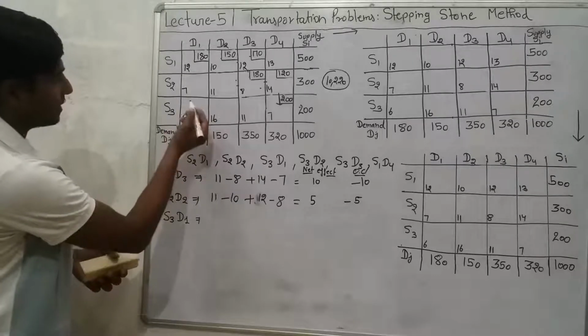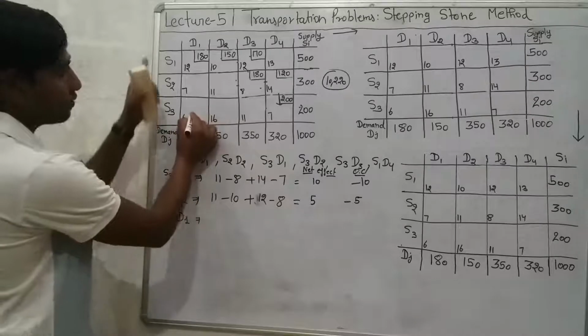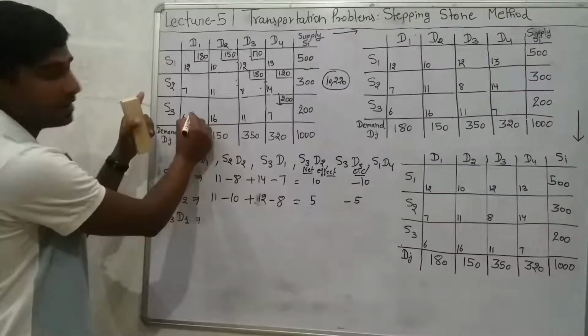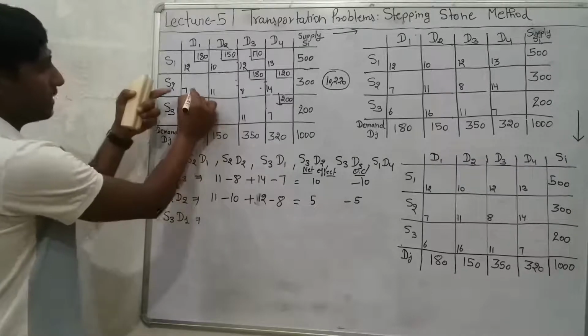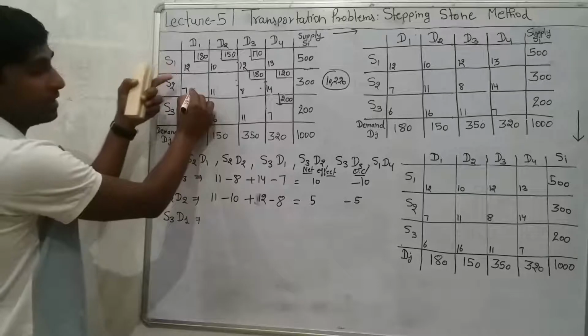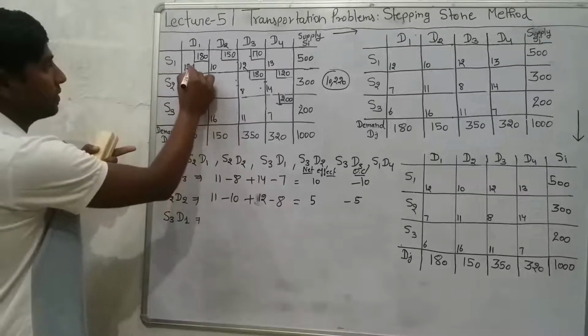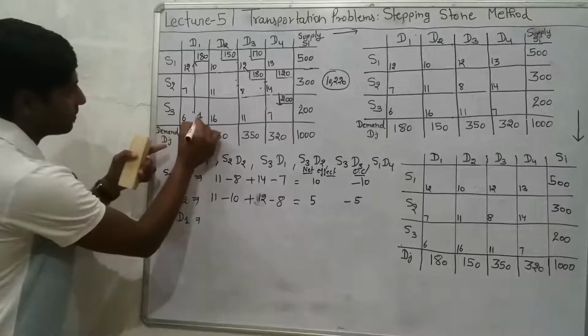So let's start the loop. From this cell, we have to move. If we are going clockwise in this direction, we cannot stop in this cell because it is unoccupied. So we have to go to the occupied cell. So we have to go to this cell. Allot 1 unit here.